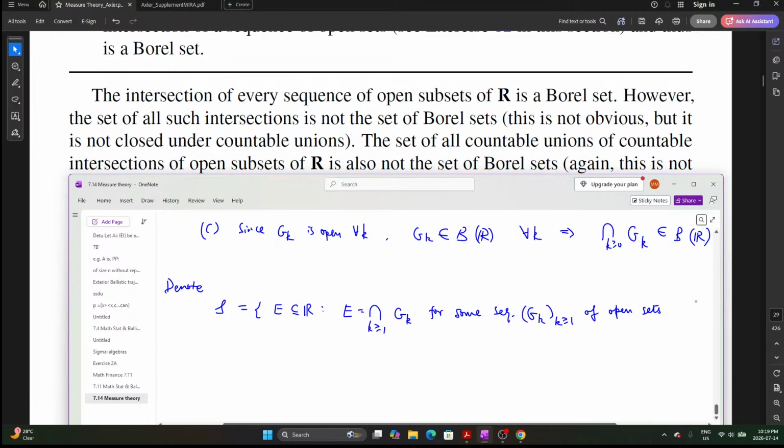So denote S to be this. S is the collection of subsets that can be written as the countable intersection of open sets. And the fact is, S is not the same as the Borel sigma algebra.